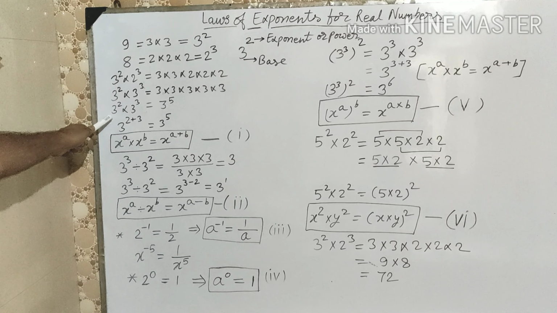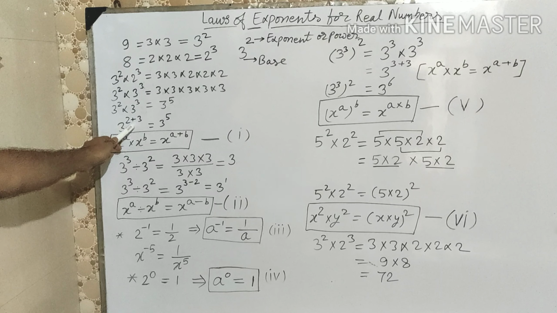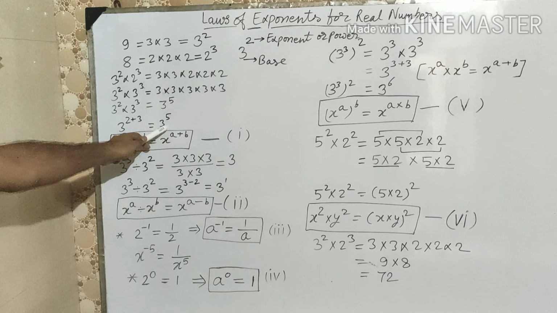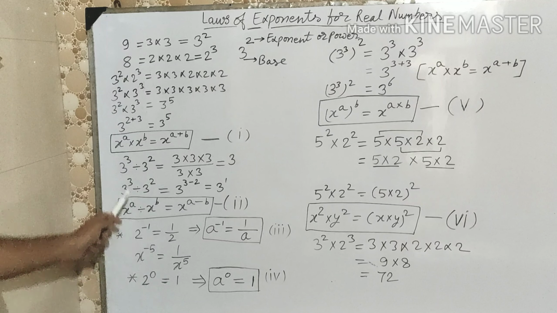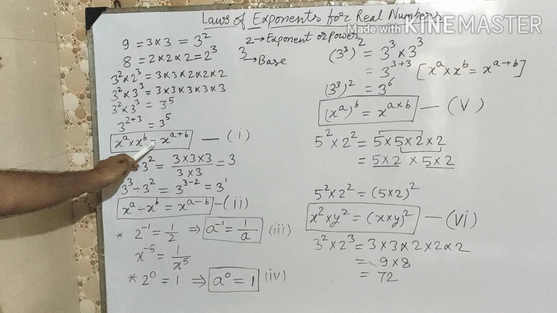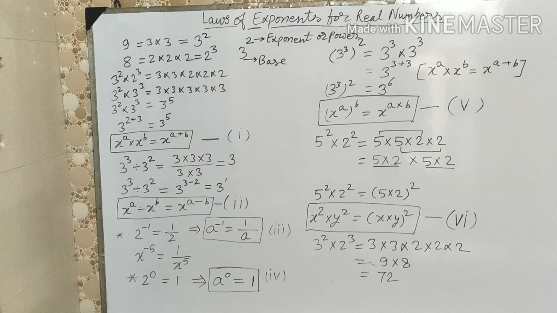So if bases are the same and exponents are different, in case of multiplication we have to add their exponents, and on simplification we get 3 to the power 5. So we get a formula here: x to the power a into x to the power b is equal to x to the power a plus b.